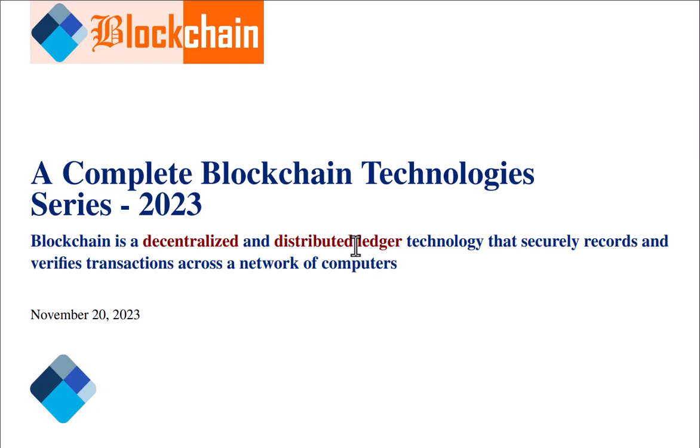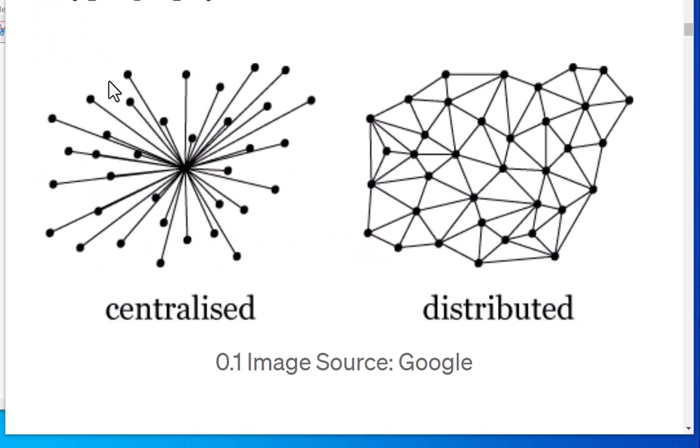So if you look into the traditional banks, suppose this is the bank and these are all the customers of the bank. So when anyone makes a transaction and one node wants to send money to another node, he will have to send a request to the bank, and the bank will send his money to the other customer somewhere around in the country.